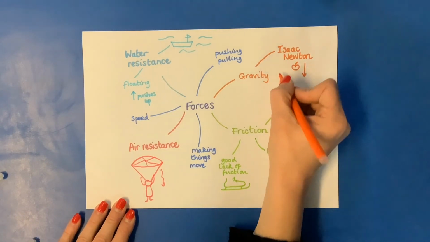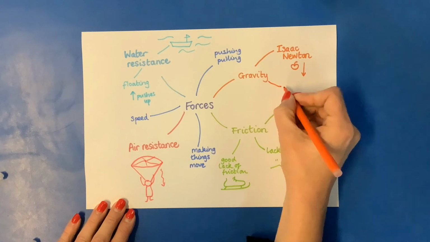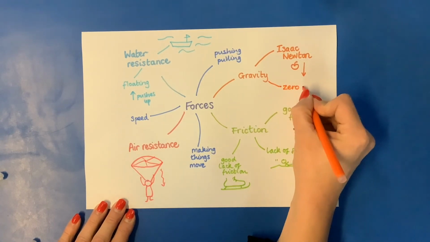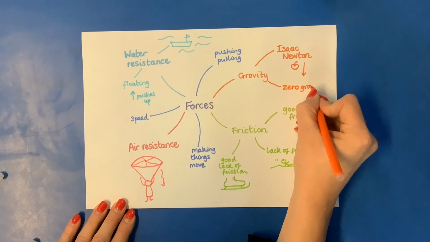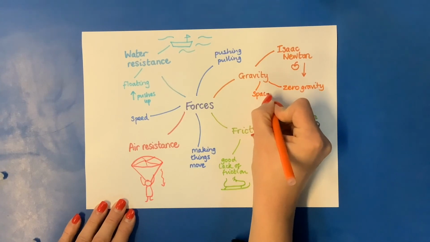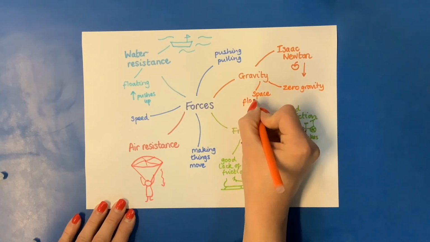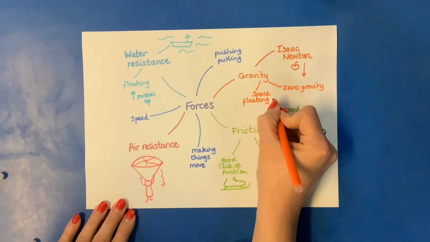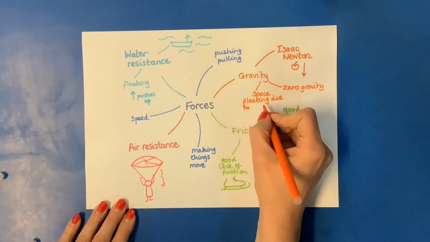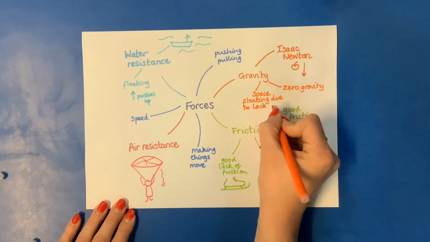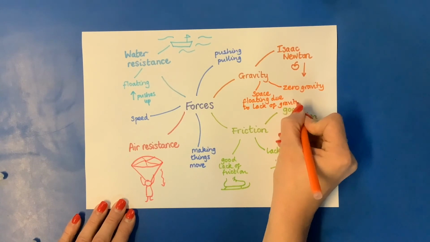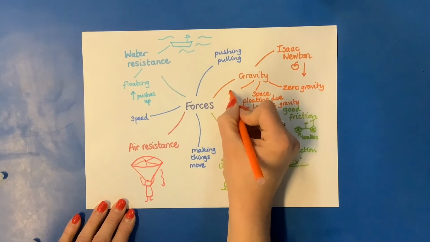I'm just going to go back to gravity because I think it's got to be a mention what I know about zero gravity and space, floating due to lack of gravity, the moon.